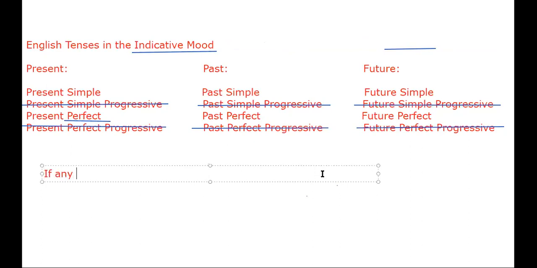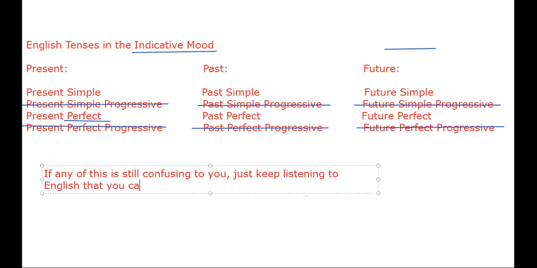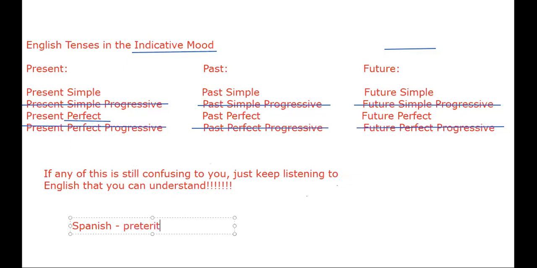If any of this is still confusing to you, just keep listening to English that you can understand. And I say this because you'd be surprised, but actually listening to the language in context will help you understand why there are certain aspects used in certain situations. Like take, for example, Spanish, the contrast between the preterite and the imperfect.